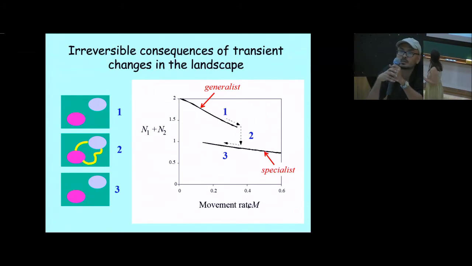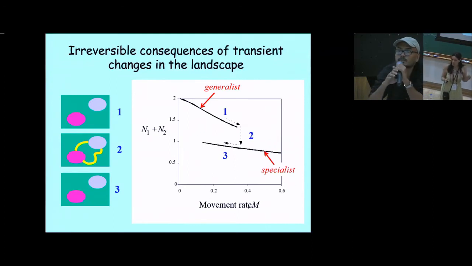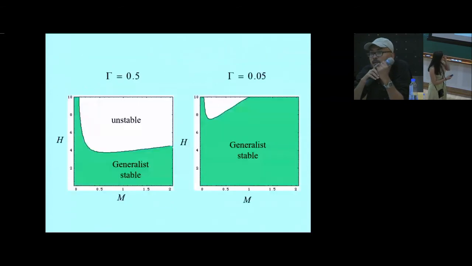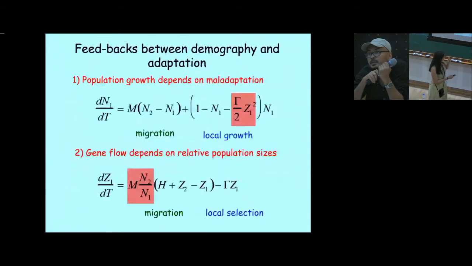Okay, but the migration is not dependent on maladaptation. I'm saying if we assume that the more maladapted it is, the more it tends to leave its habitat. This is perfectly biologically plausible, that if you're maladapted, you leave your habitat more often.